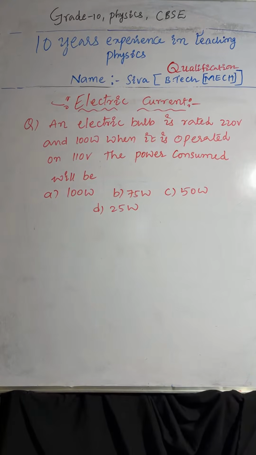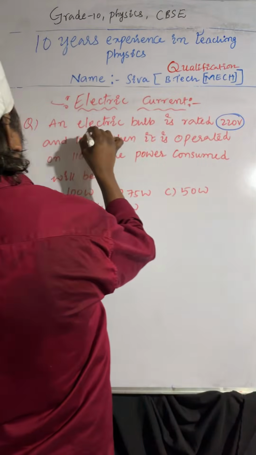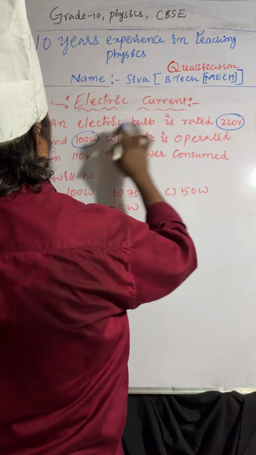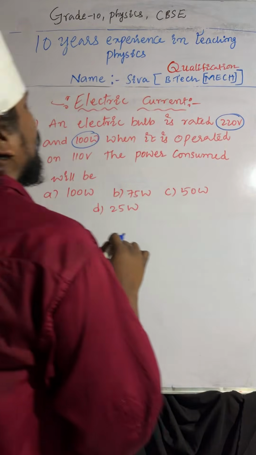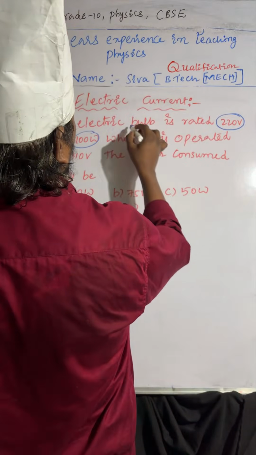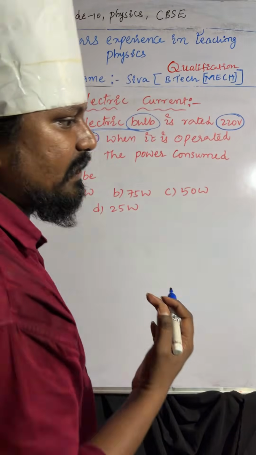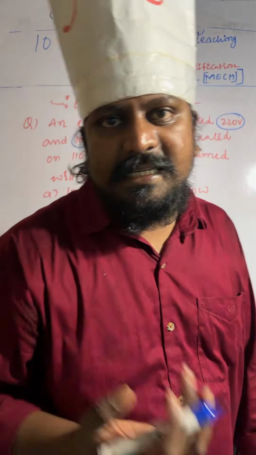So here you can observe one thing. An electrical bulb is rated 220 volts and 100 watts. Okay, so here the same bulb is used. So electrical bulb means resistance is the same.